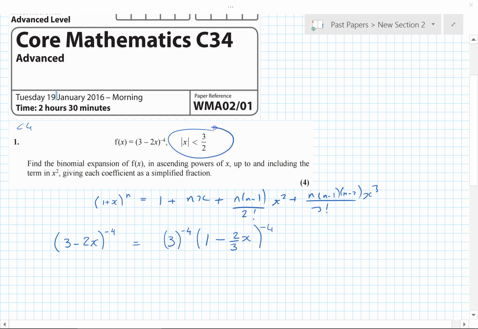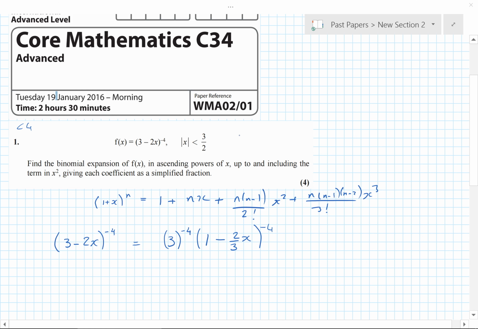Dividing this by 3 is what explains why the validity is 3 over 2, by the way. It has not asked for validity here, but that's why, because this has to be greater than minus 1 and less than or equal to 1 to be valid.